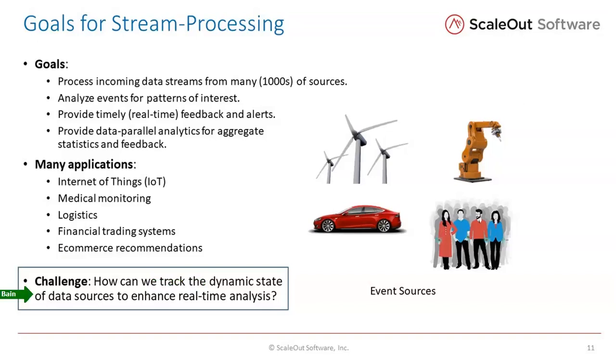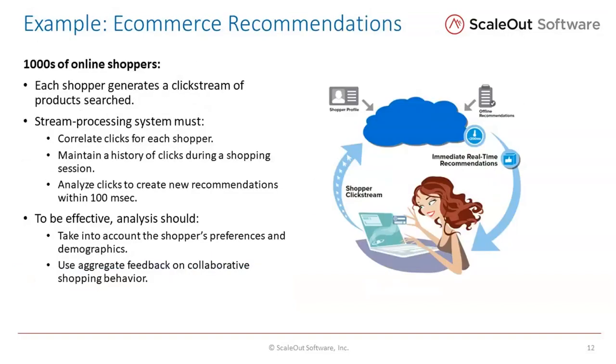So let's take a look at this example of e-commerce recommendations. Imagine a large website with thousands or hundreds of thousands of shoppers, especially during the holiday season where shoppers are looking for presents and so forth.